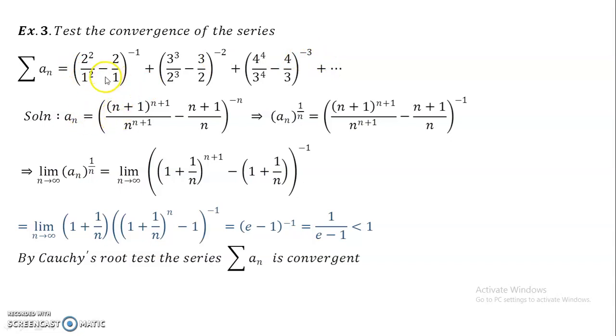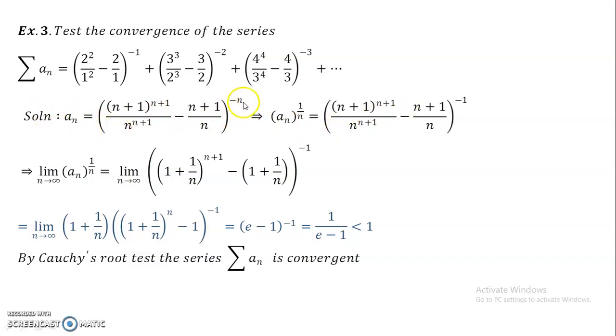So you take a_n as the nth term of that series: n plus 1 power n plus 1 by n plus 1, that is 2 by 1, 3 by 2, 4 by 3, it is n plus 1 by n. So you can take the power of this a_n as 1 by n.